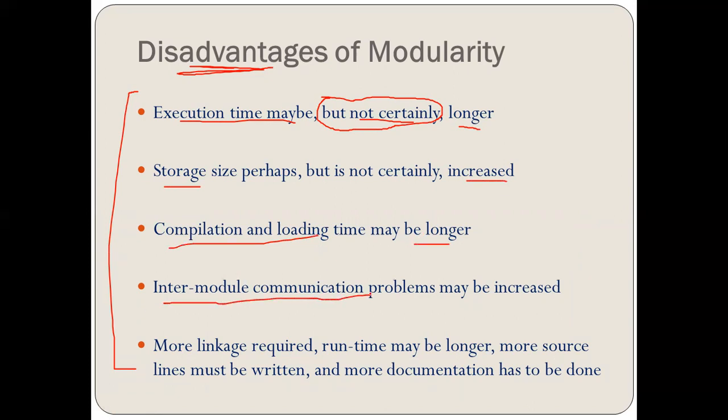Inter-module communication problems may increase, because if we have 4 modules and if we have 20 modules, the problem of inter-module communication will increase with more modules. More linkage will be required. Runtime may take longer. More source lines must be written and more documentation has to be done.